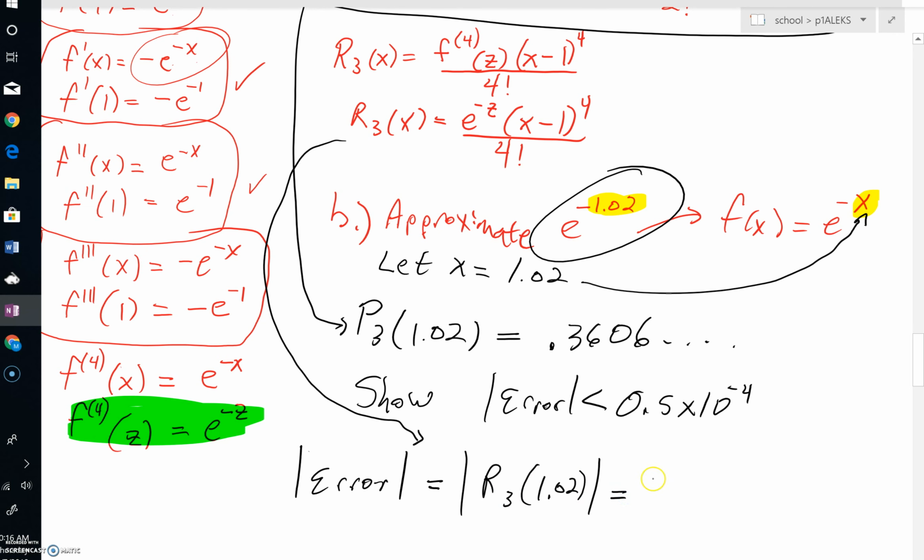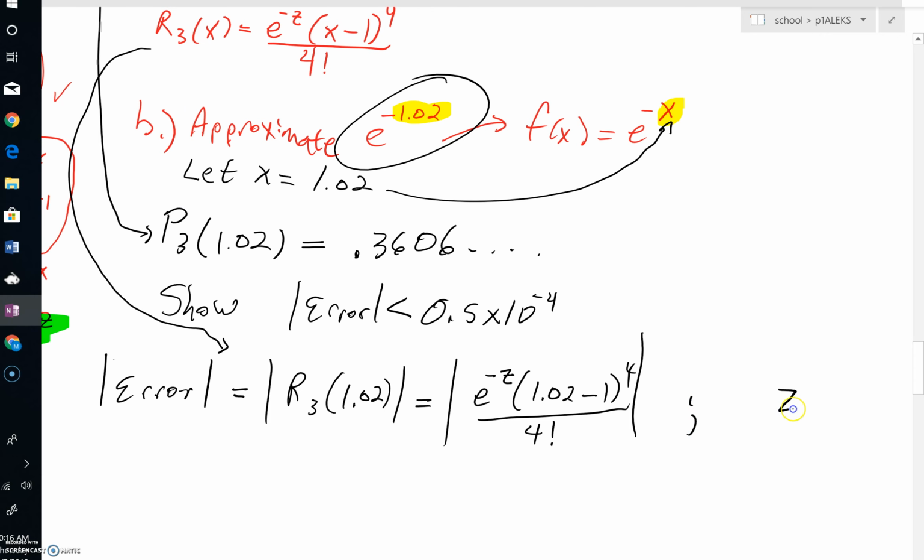So again, this is the absolute value of e to the negative z, times 1.02 minus 1 to the 4th, all over 4 factorial. And very, very importantly, what you're going to say is z has to be between where you're centered, which is 1 here, and where you're evaluating, which is 1.02.